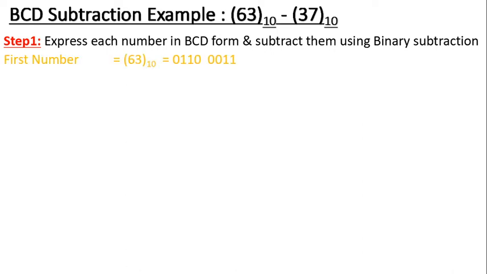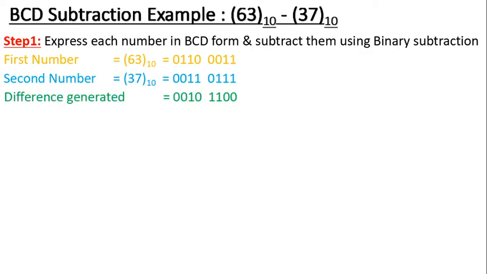So here, first number is 63, written on the right side in its BCD form. Second number 37, which is written on the right side in a BCD form. And then we have to perform that binary subtraction in a bit by bit manner, right from that LSB bit, least significant bit, rightmost bit.